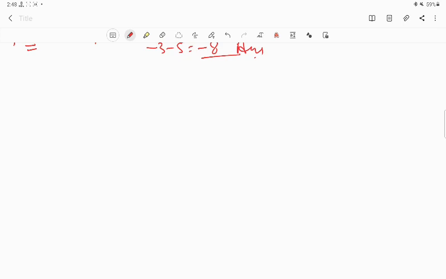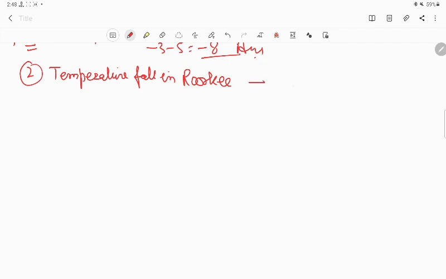See, temperature fall in Roorkee. Question number second. Temperature fall in Roorkee is equal to 15 minus 6.